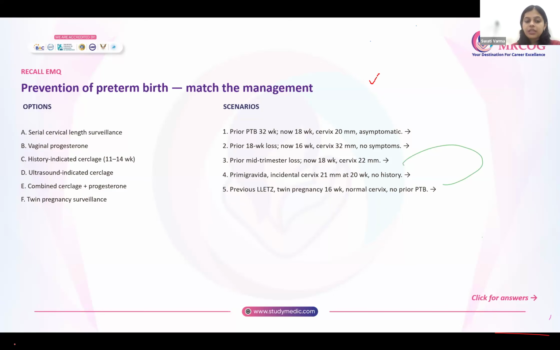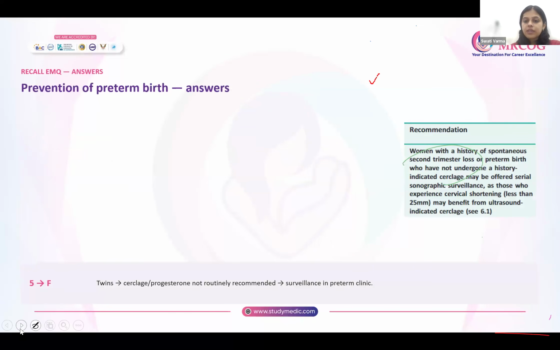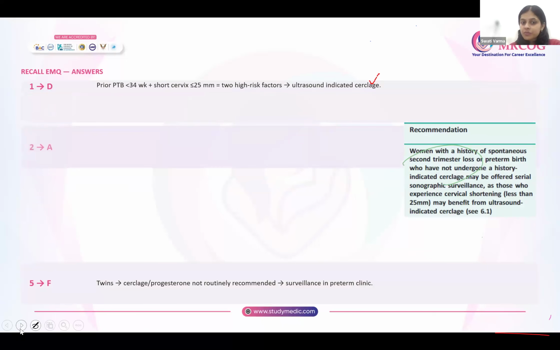In multiple pregnancy, we avoid cerclage. So here, most probable option is ultrasound indicated cerclage for first and third. Second should be serial cervical length surveillance only because she is at risk, but for now the cervix is okay. Incidental finding of short cervix in primigravida, we can consider vaginal progesterone, and in twins, we should not prefer cerclage, just twin pregnancy surveillance is okay.